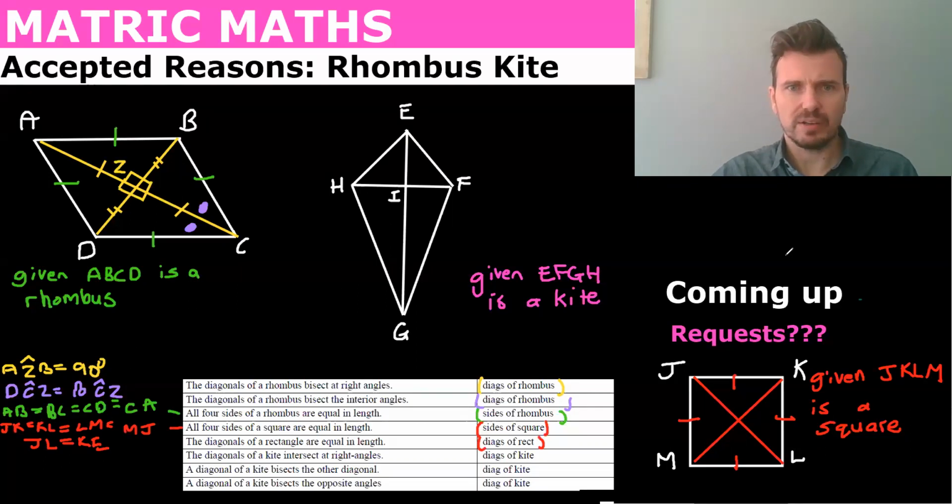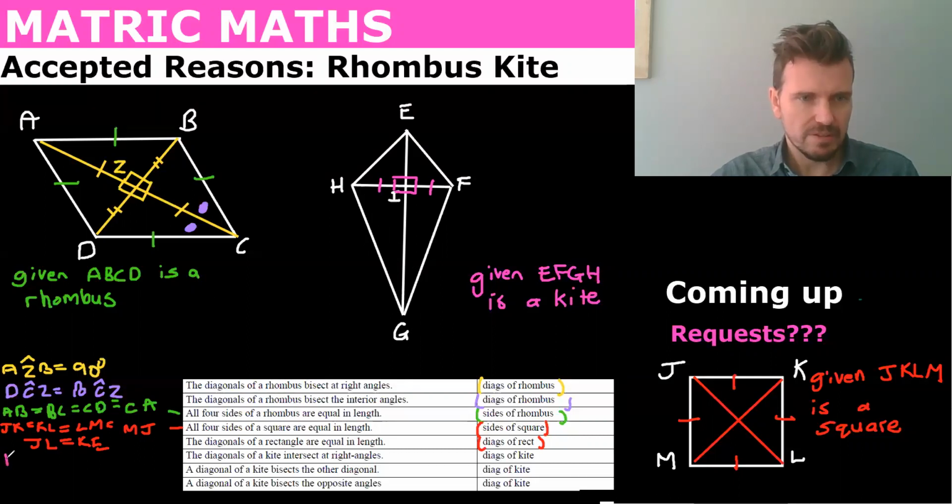With our kite, we know that the diagonals bisect at 90 degrees. And just EG bisects HF, not the other way around. So we know that that's equal to that. But obviously, EI we can see is not equal to IG. Diagonals of a kite are 90, so basically that means FIG and all of these are equal to 90.